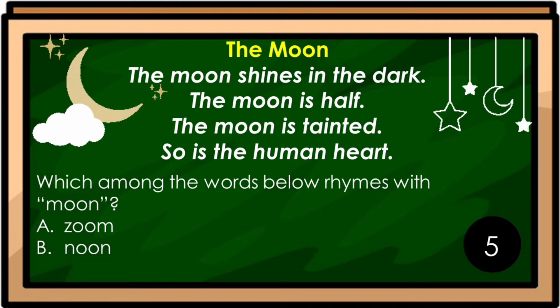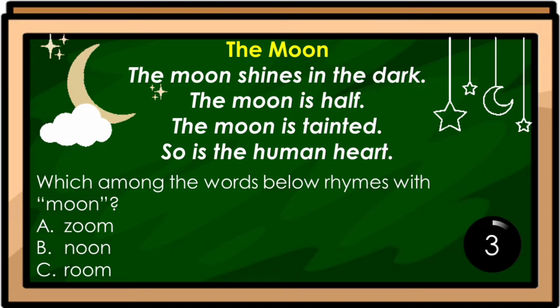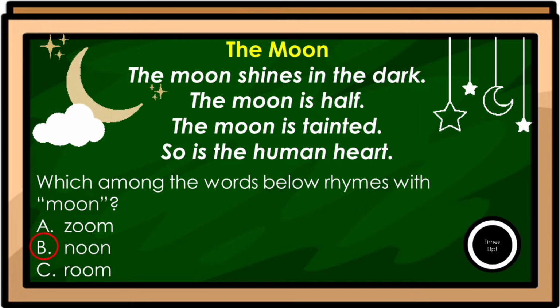B. Noon. Or C. Room. If your answer is B, noon, then you are correct. Moon and noon are rhyming words.